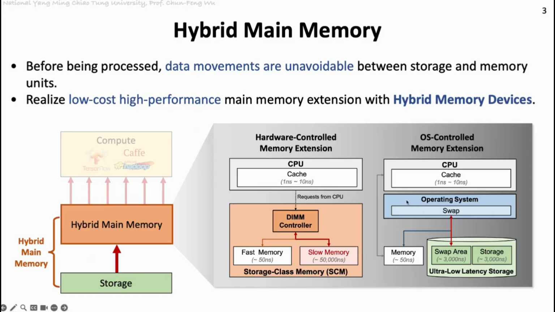So the controller is the operating system. On the left-hand side, the controller is a special CPU, and on the right-hand side, you use the operating system to control the storage device to make it work like the main memory.